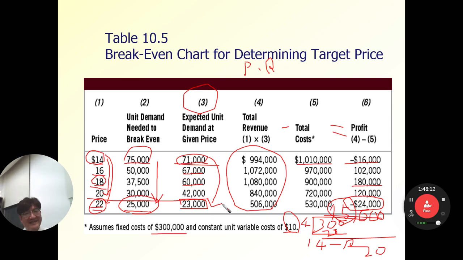Not all cases, but most. So there is some theory which investigated the relationship between price and quantity, which is the inverse relationship. And what do we call this one? Yes, we call this the demand curve.